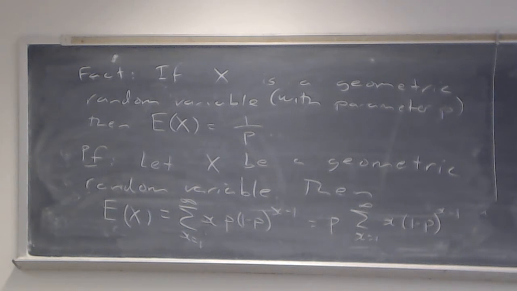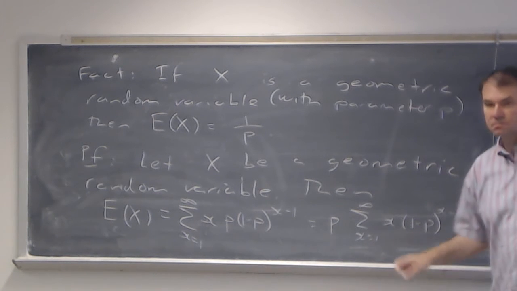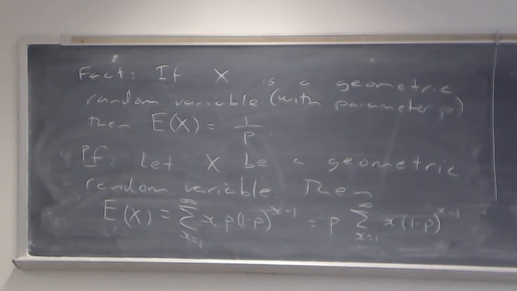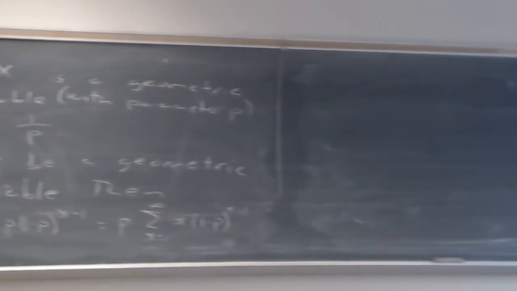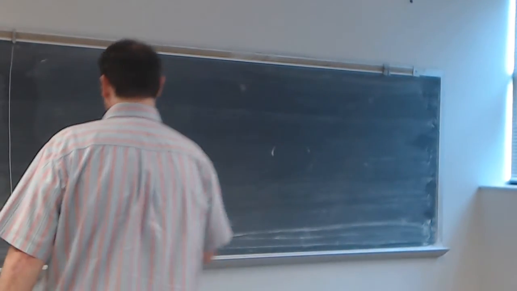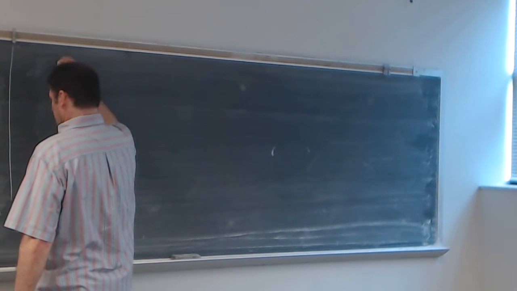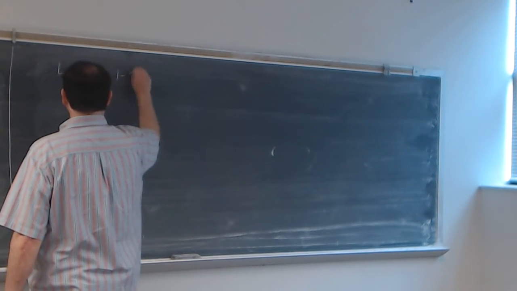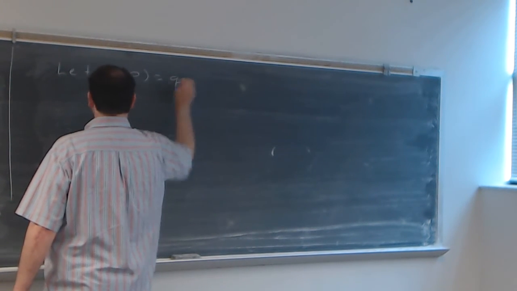Now, what we're going to do is consider this 1 minus p as a variable, even though p is fixed here. And we're going to rename it as q, so that we can symbolically get in a situation where we can figure out what this sum is. So we're going to let 1 minus p be symbolized by q.